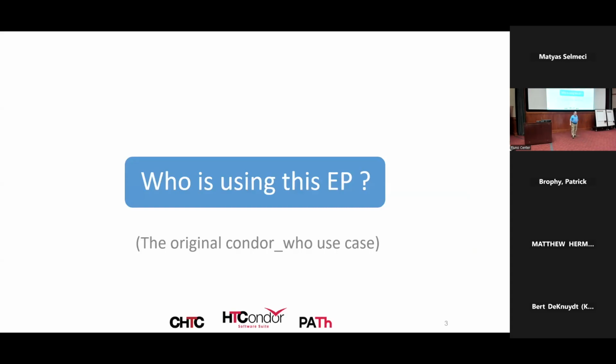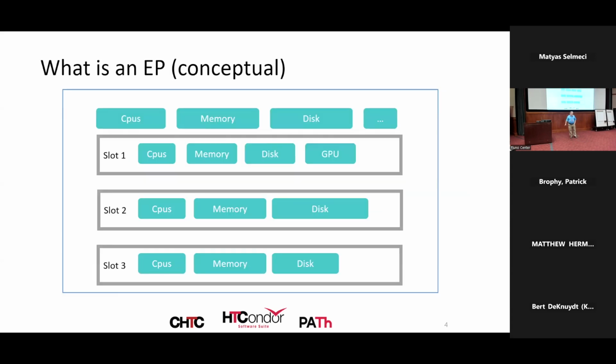All right, so the original Condor Who was who is using this EP? And by who, we mean which jobs, which APs. So if we think about what an EP is, conceptually, it is a thing that manages resources. You provision an EP, you say you have this many CPUs, this much memory, this much disk.